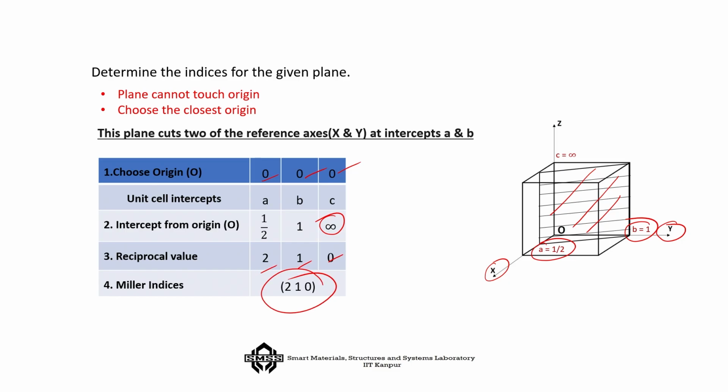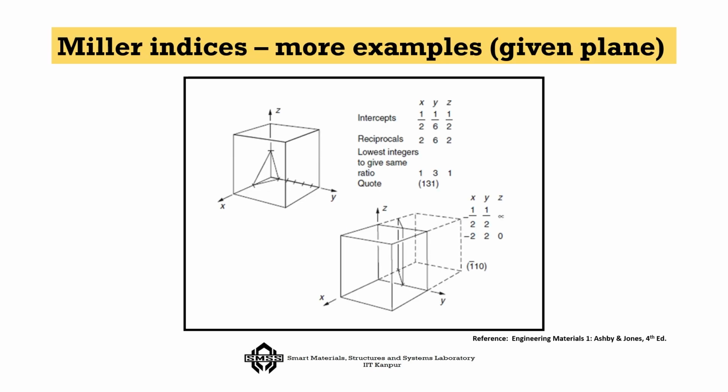So, this is a typical case where a plane is neither touching the origin nor is it parallel to a particular direction. That is the way, for such cases, you have to find out the Miller indices for a given plane. Now, let us consider another example. In this case the intercepts are half, 1/6 and half.